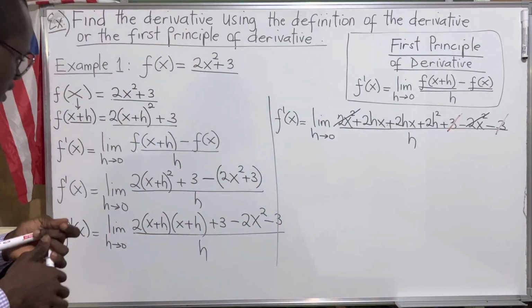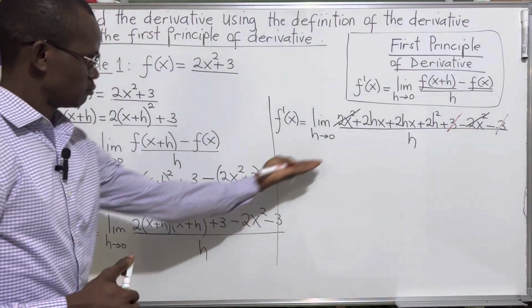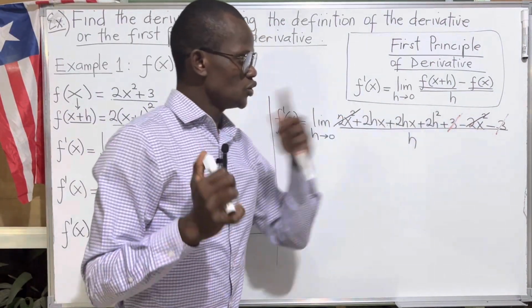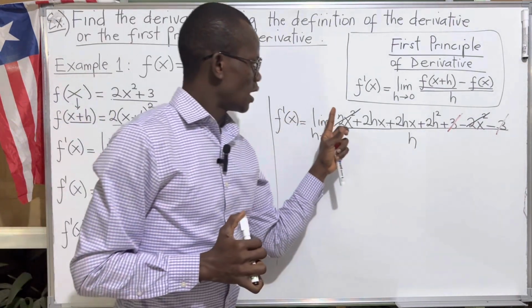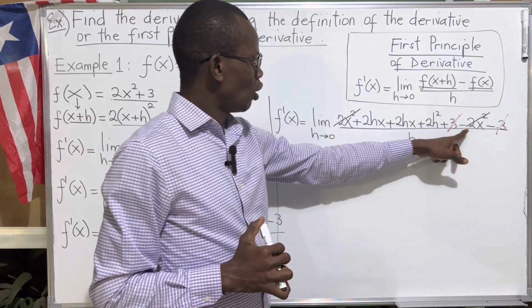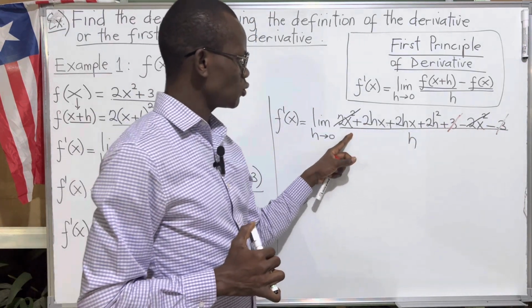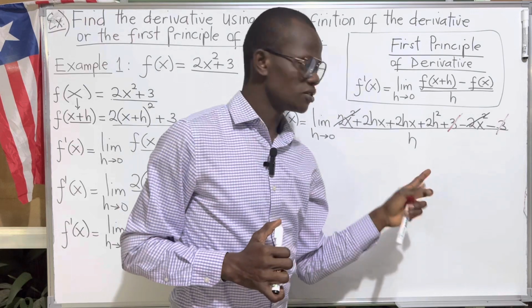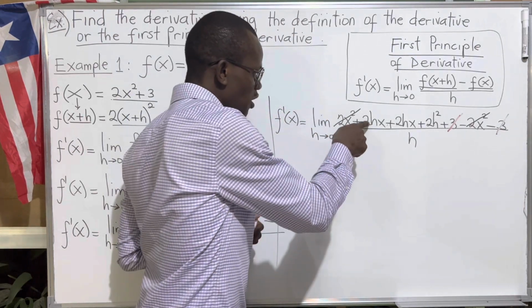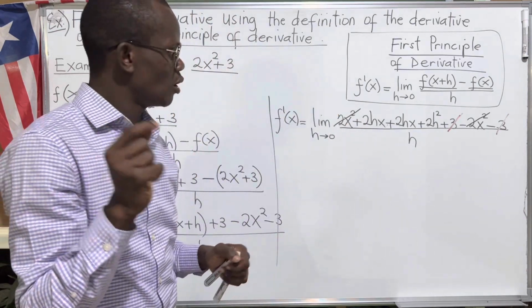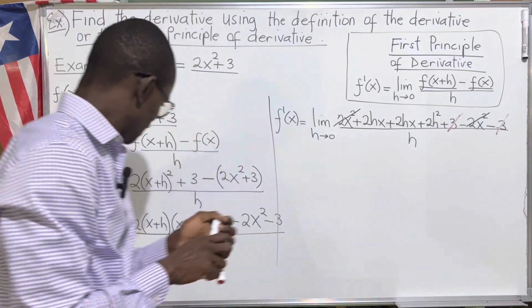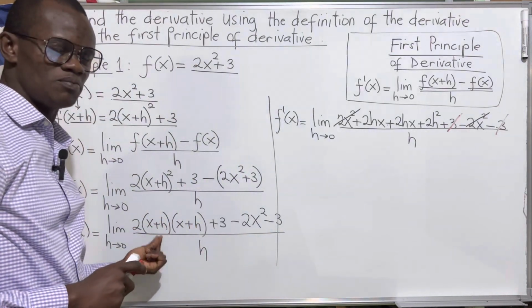Now, after you have expanded this expression in this form, notice that after all of your cancellation, all of the terms that will be left over will be terms with h. If there is a single term that is left out without h, it means you must check your expansion. Maybe you had a problem.